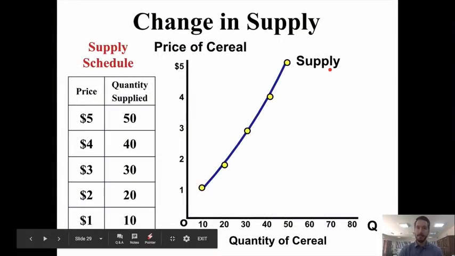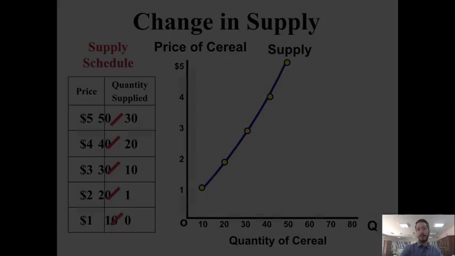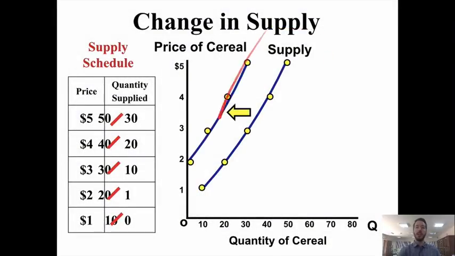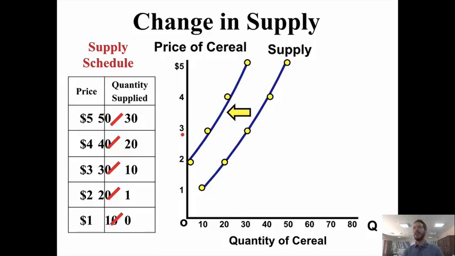But let's say, here's the baseline again, that a storm comes and destroys a ton of wheat or rice or whatever they make cereal out of. What's going to happen to the supply then? Well, you're going to have it go to the left. Supply is actually going to go down. The quantity is going to go down, even at all those same prices, because producers can't put as much cereal out there.